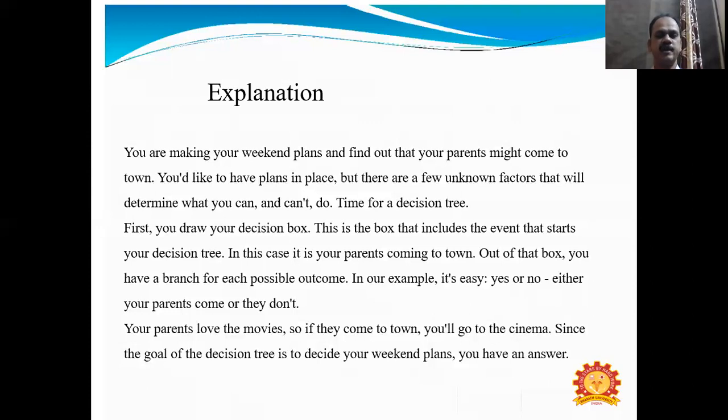First you draw your decision box. This box includes the event that starts your decision tree, in this case your parents coming to town. Out of that box you have a branch for each possible outcome. In our example it's easy, yes or no: either your parents come or they don't come.